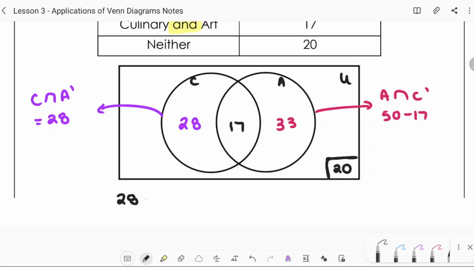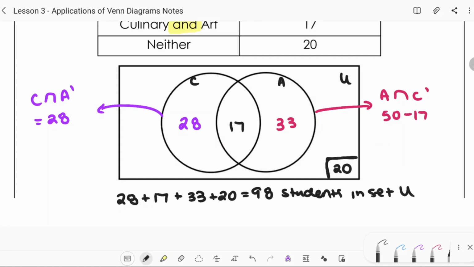I have 28 students in only culinary, 17 students in culinary and art, 33 students in only art, and I have 20 that are completely outside. So if I sum all of these up, 28 and 17 and 33 and 20, I get 98 students. And I can say that's in set U, the universal set, because this is all of the possibilities, including none of those specific courses.